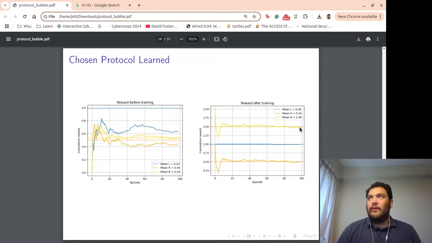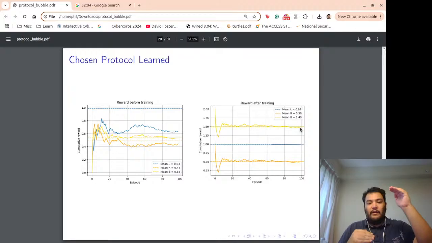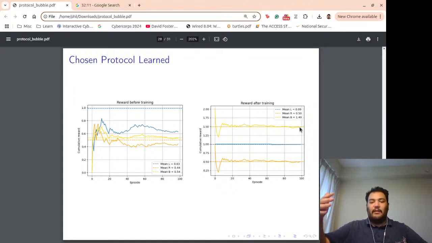And so what this is showing is if it had genuinely guessed correctly on both instances of the protocol, then the reward should be 2. If it was 50-50, then the sum of the rewards would be 1. And what we're showing is exactly, it's splitting the difference at 1.5, which basically means that one of them is getting it right 50% of the time, but then the other one is getting it right 100% of the time. So 0.5 plus 1 really is adding up to 1.5, 1.49.